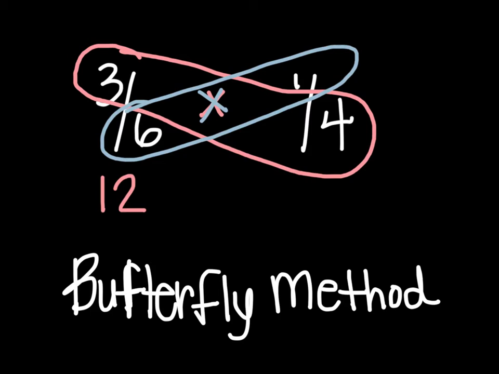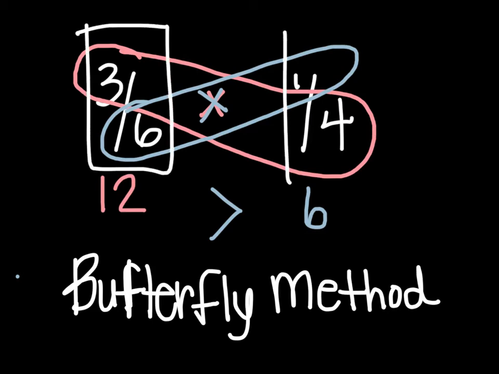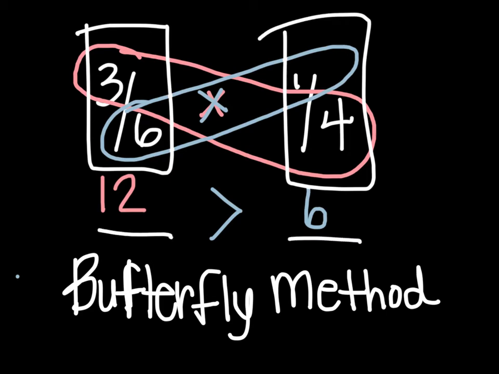And 6 groups of 1 is 6. So once you see the 12 and the 6, you know that 12 is greater than 6. So we get the same answer. 3/6 as a fraction is greater than 1/4 because 12 is greater than 6. Let's do another one.